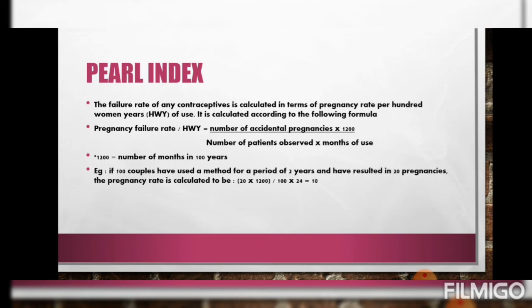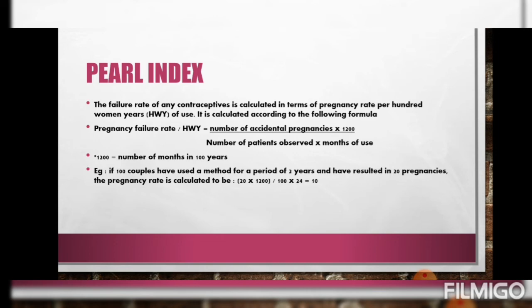So for example, suppose 100 couples have used a method for a period of 2 years. Suppose they have used copper T, 100 couples have used it for 2 years, and it has resulted in 20 pregnancies.